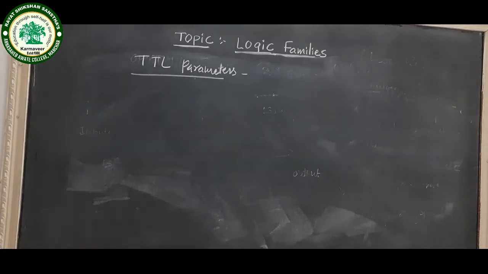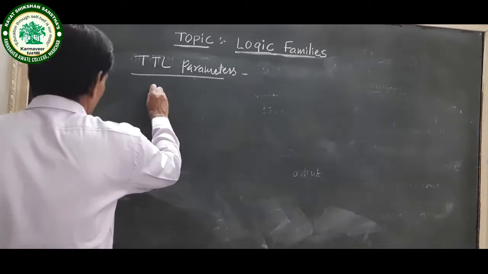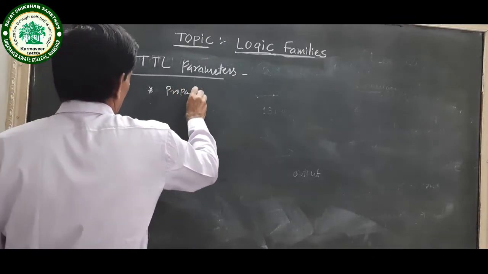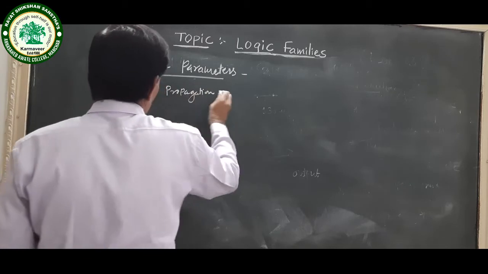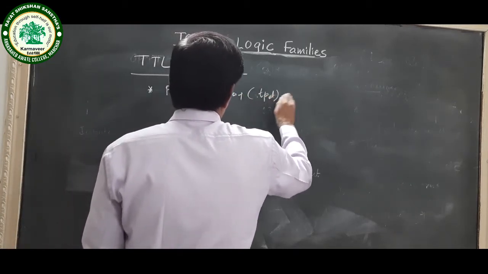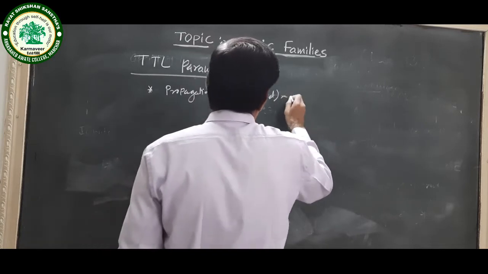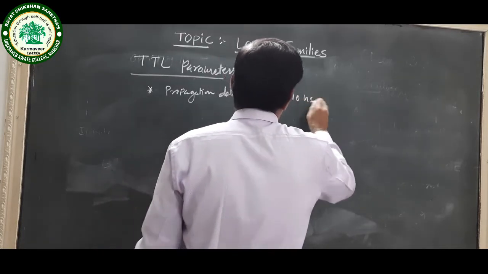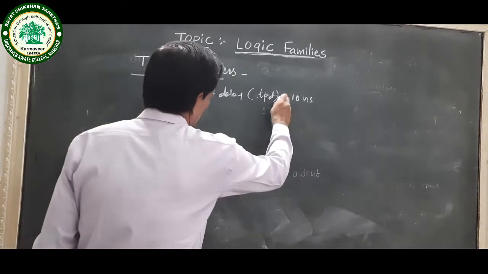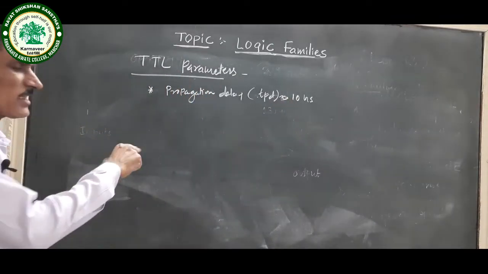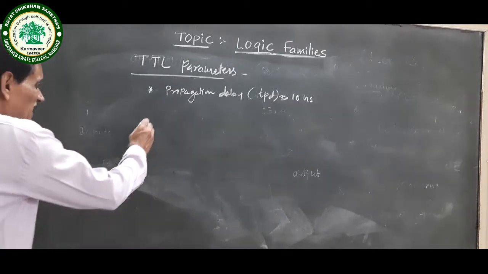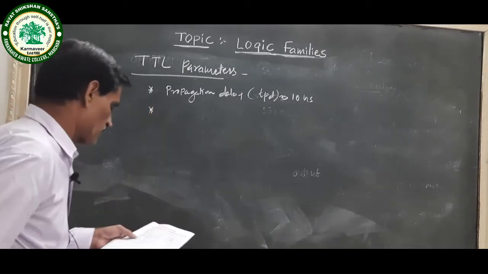Values are not important, but the first parameter is the propagation delay. Propagation delay TPD is in the order of 4 to 12 nanoseconds, but on average we say the devices have a propagation delay of nearly 10 nanoseconds.